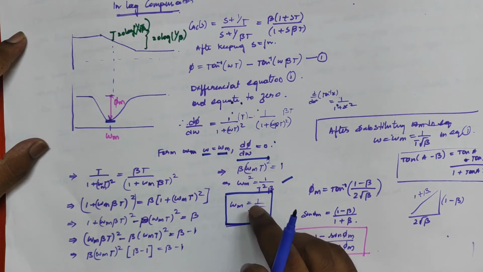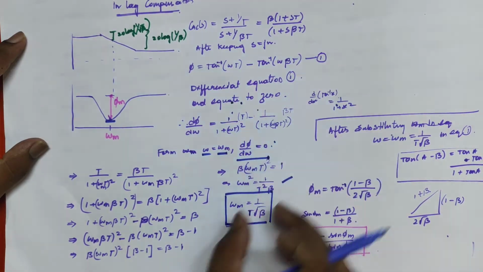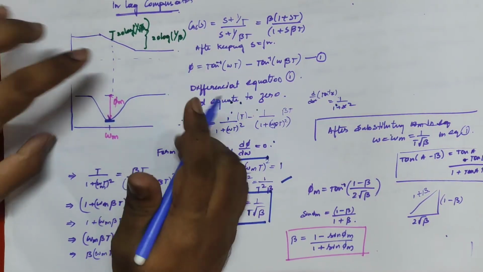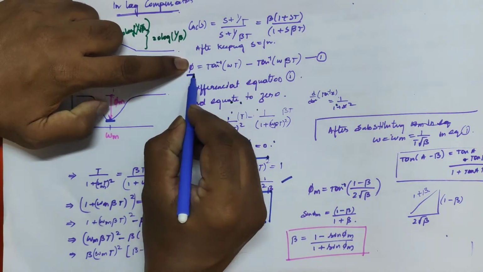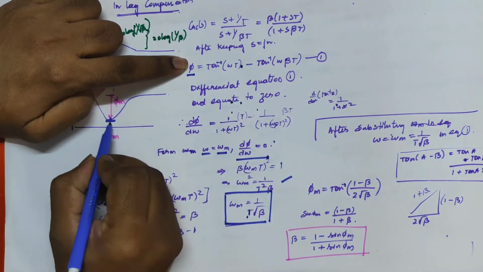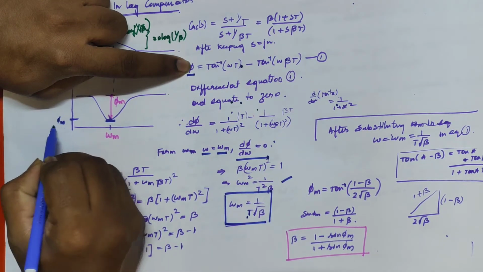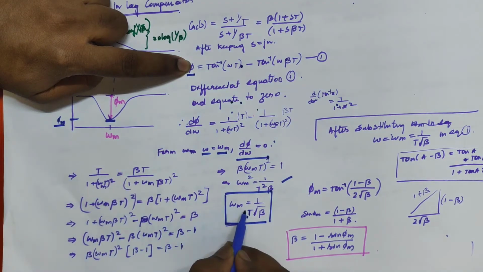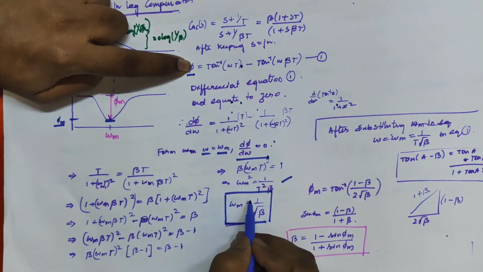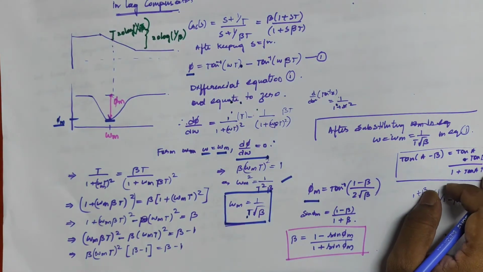Now if we substitute omega m in this equation, we'll get the value of phi m at omega m. That is the meaning. If you substitute that, I get this equation. You just substitute that and find this equation.